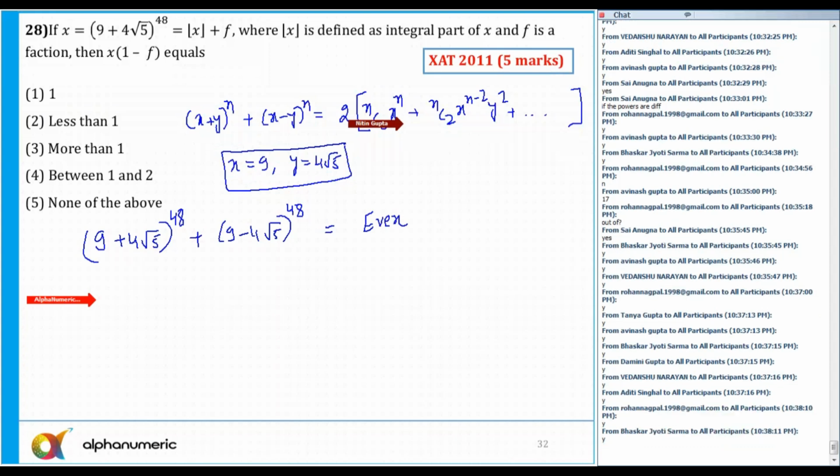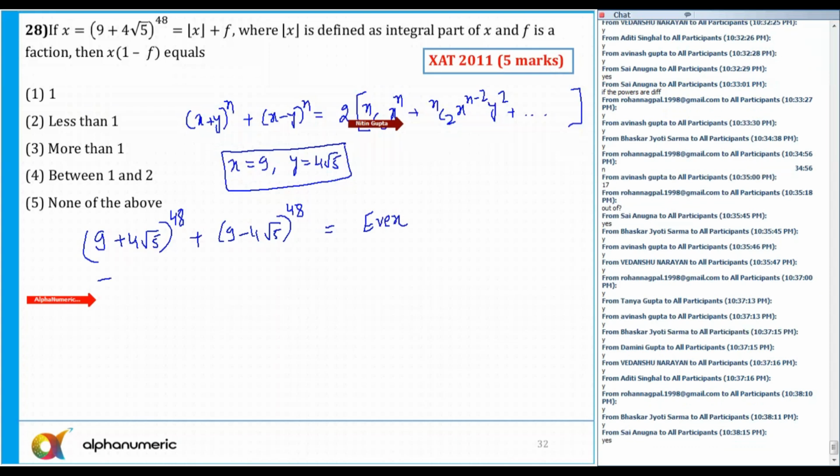Now 9 plus 4 root 5, this is equal to what? This is equal to integral part plus fractional part. Yes or no? And what is 9 minus 4 root 5? Can I say it will always lie in the range 0 to 1?